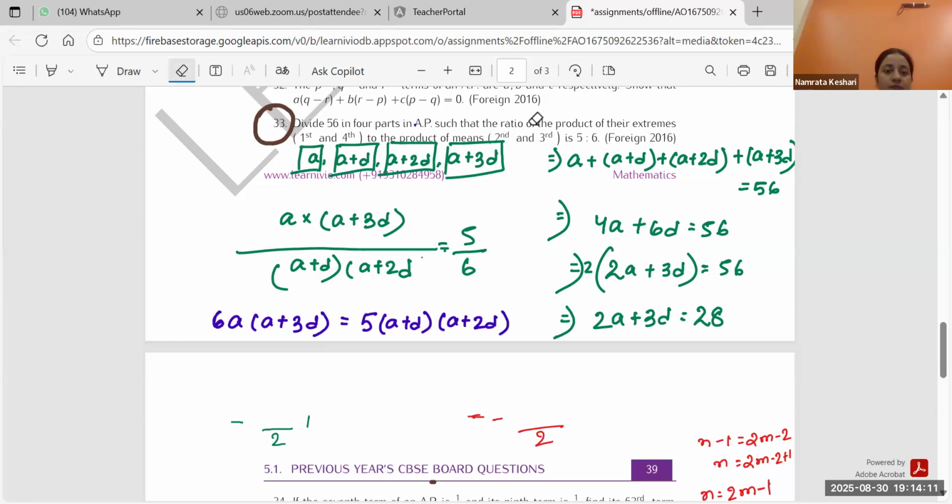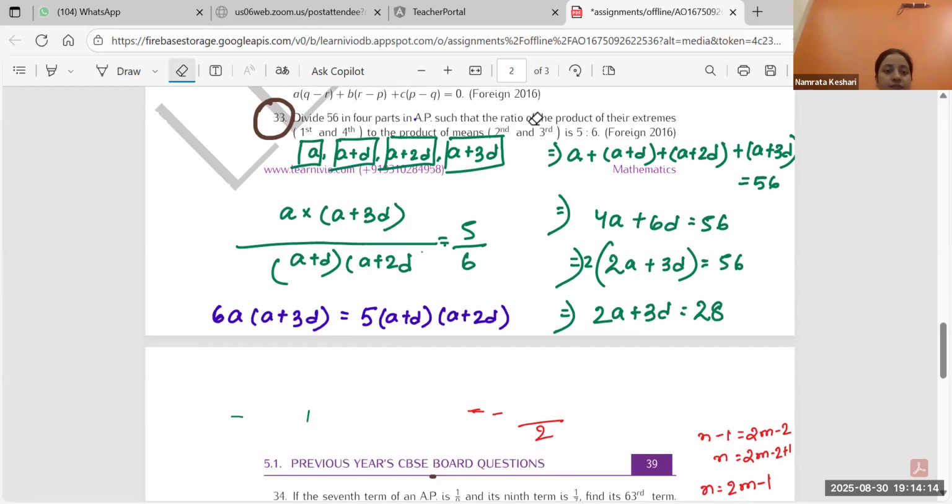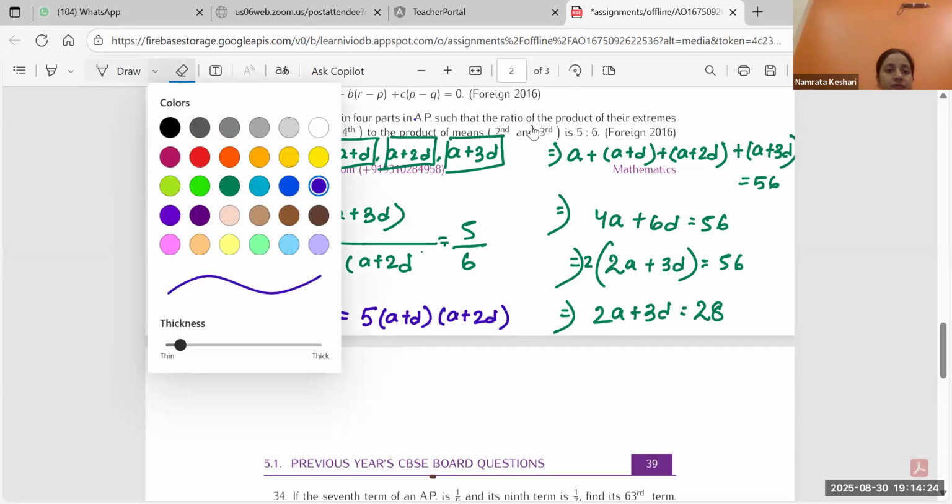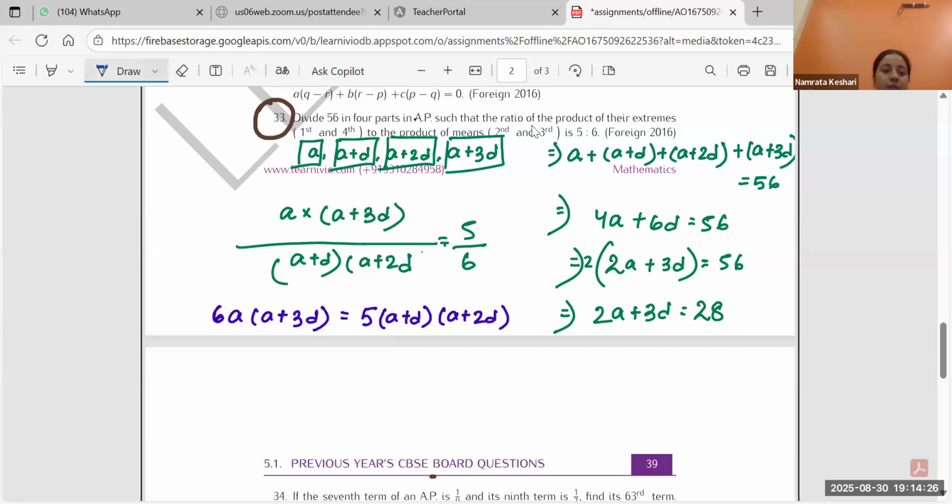Let's continue. We'll be having 6a square, we'll be having 6 times 3, that is 18 AD. We'll be having 5.